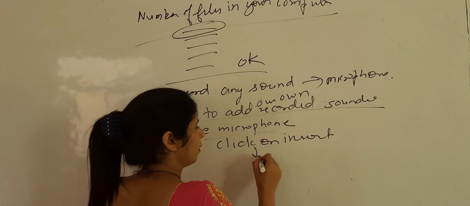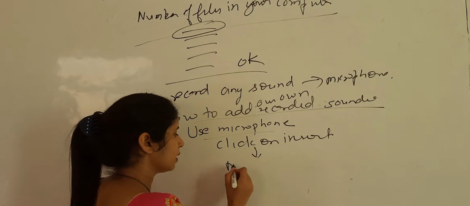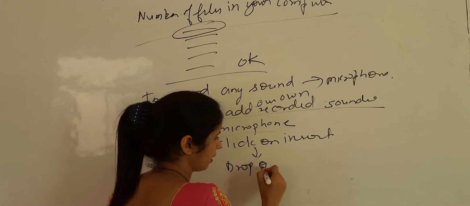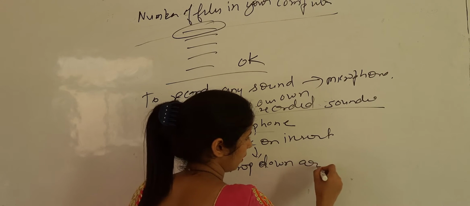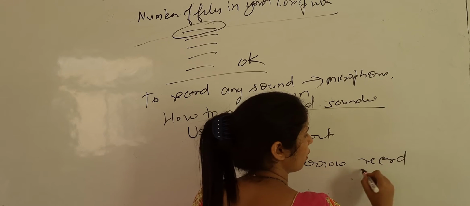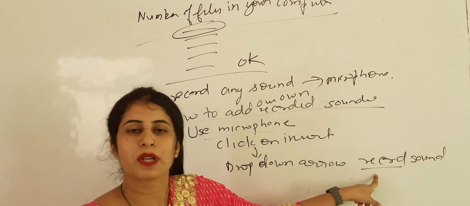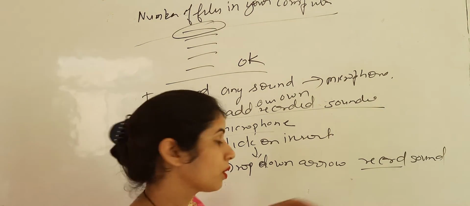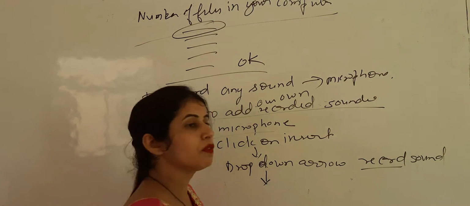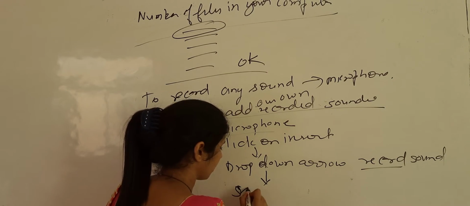Then when the audio option comes, you will see a drop down arrow below it. The drop down arrow will show the option record sound. So you will click on this drop down arrow and record sound.